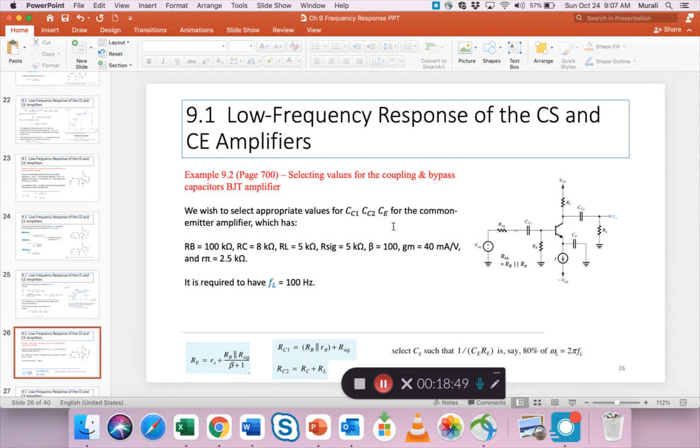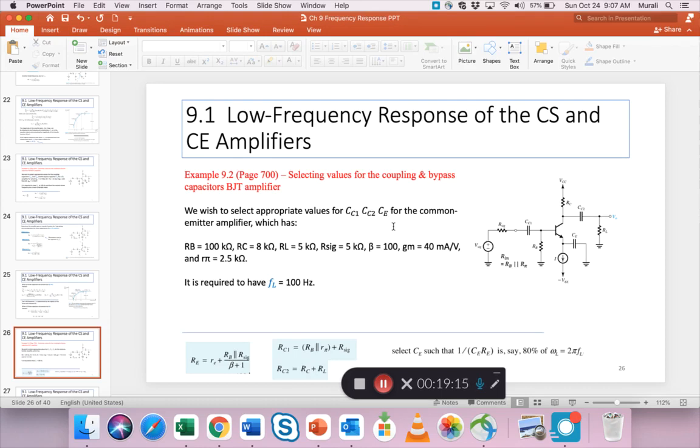Okay, so if you look at the solution, which is in your textbook, first the R's are found, then each of the formulas for finding omega p1, omega p2, omega p3.